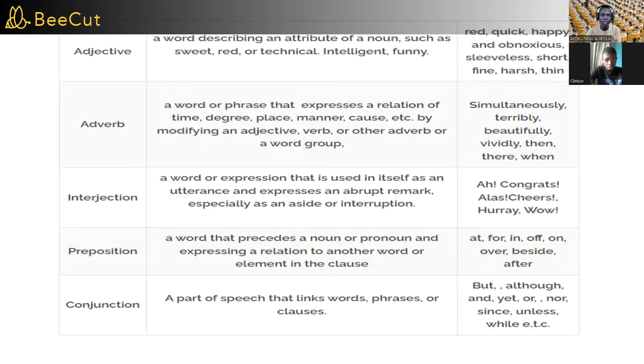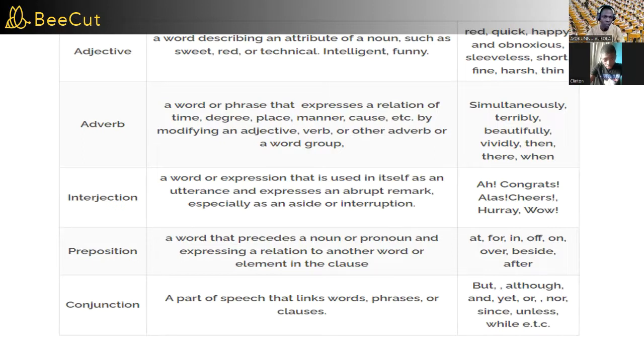The relationship between the he and the room is the in. He is in the room. But if I say he is outside the room, are you concentrating, please? Yes, sir. Outside is the one showing the relationship between the he, which is the pronoun, and the room, which is the noun. So examples also include at, for, in, of, on, over, beside, after.